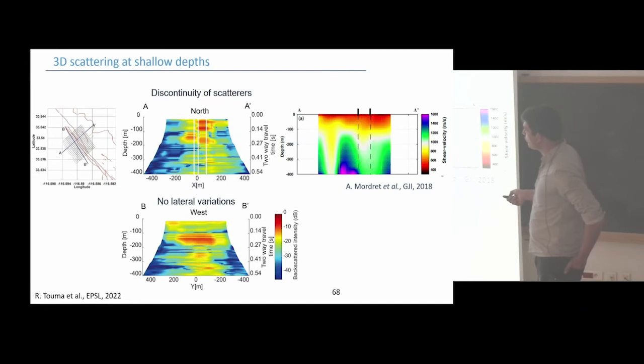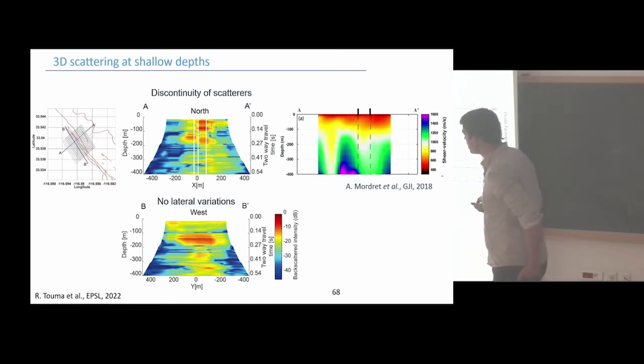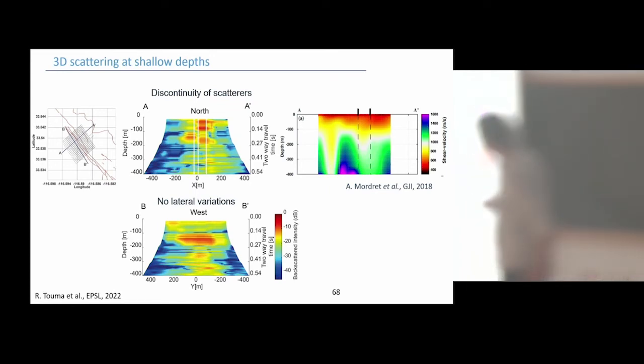Along the fault, you don't expect variations of the internal structure of the fault. So this is what we see. And when you're crossing the fault in this direction, you see very different mechanical properties of the fault between each branch of the fault.